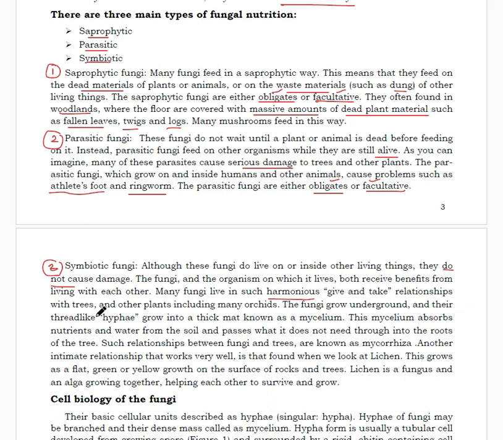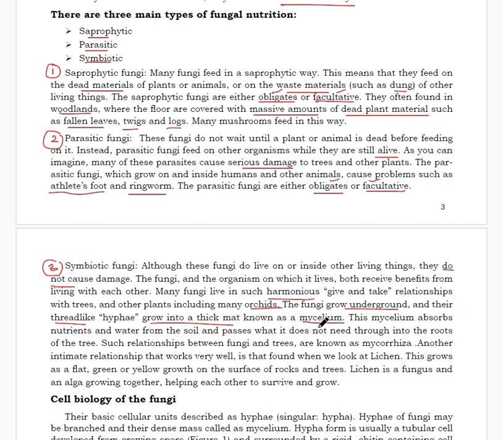Okay, so for example, they live in a symbiotic relationship with many orchids, and here the fungi grow underground, and their thread-like hyphae grow into a thick mat known as mycelium. When this mycelium grows near the root area, it increases the surface area of the root.